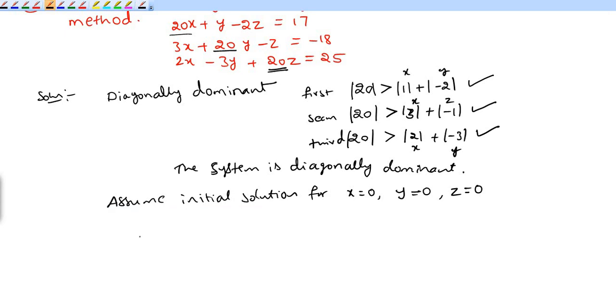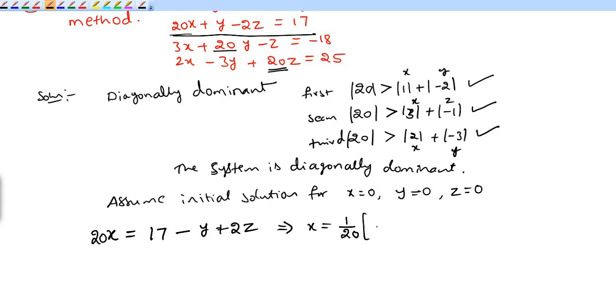After this, you have to rewrite the equations in this form. x is equal to, look at the first equation. In the first equation, you have to separate x. 20x is equal to 17 minus y plus 2z. This implies x is equal to 1 by 20 into 17 minus y plus 2z.